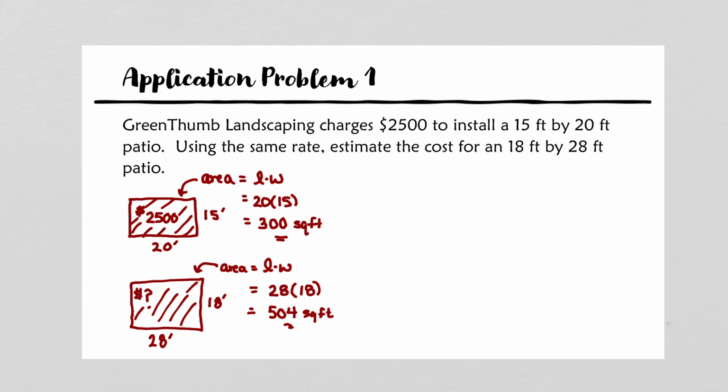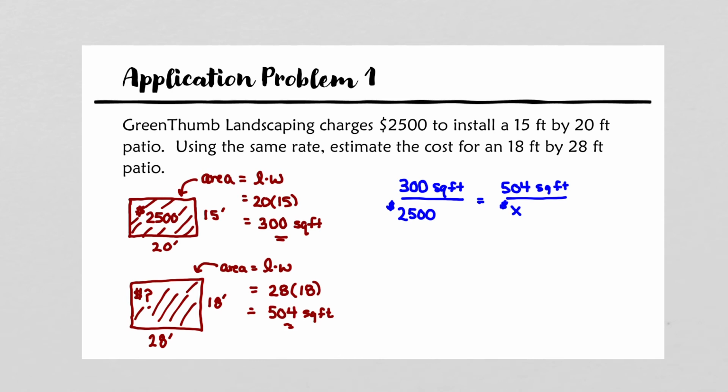I'm going to say that 300 square feet corresponds to $2,500 in a similar way as 504 square feet for that second patio corresponds to X dollars.